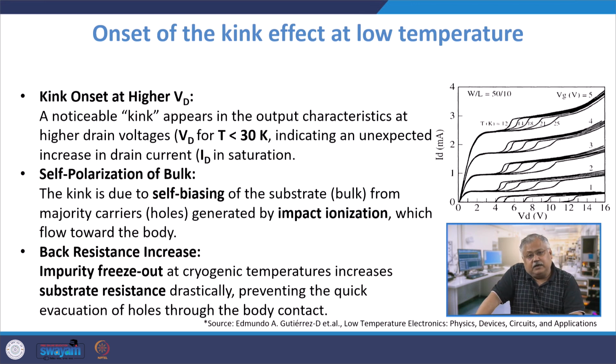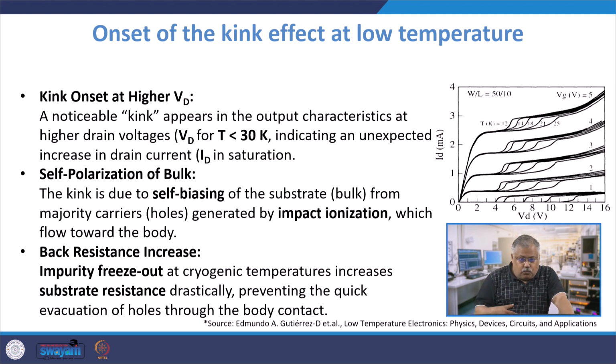So if holes are generated, electrons are dragged by the drain side, but the holes are pushed into the substrate. There is a hole current moving to the p-type substrate, and therefore the resistance starts to fall down. That is what is written in the self polarization of bulk.